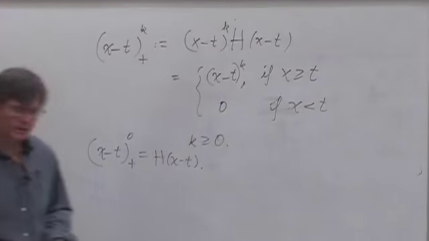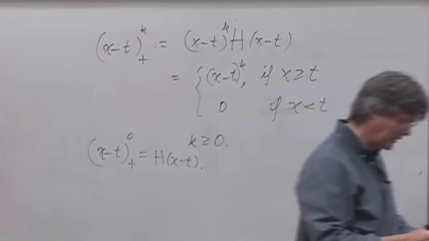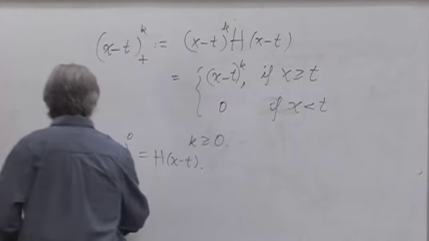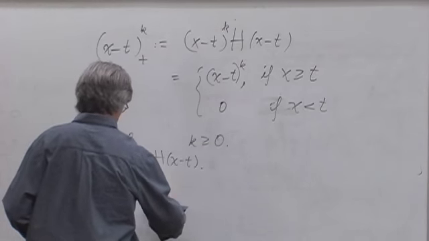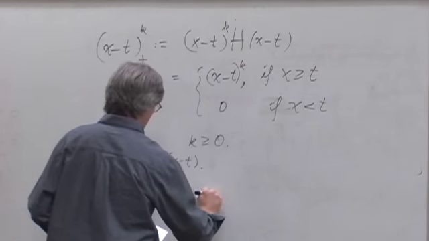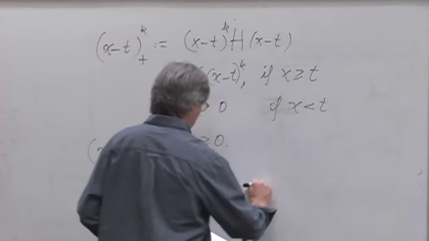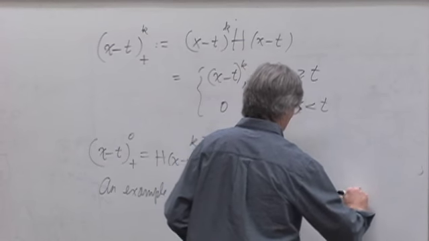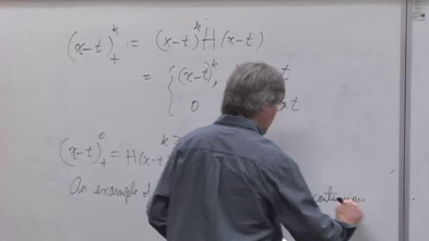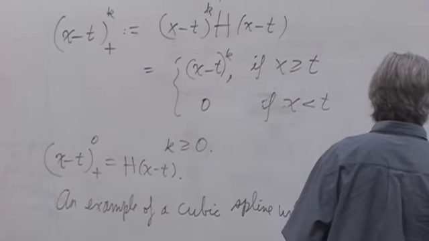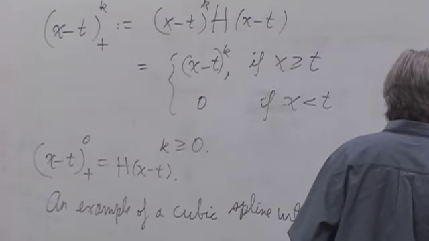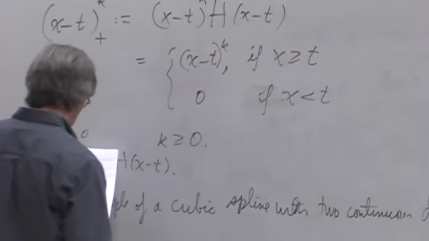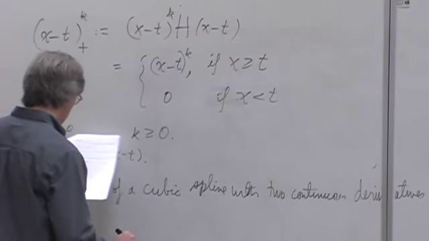So you get the powers of the positive parts and so on. So let's see if I can find a cubic spline with two continuous derivatives. Cubic spline just means it has some cubic terms in it. Okay. What did I do here? Did I write this right?